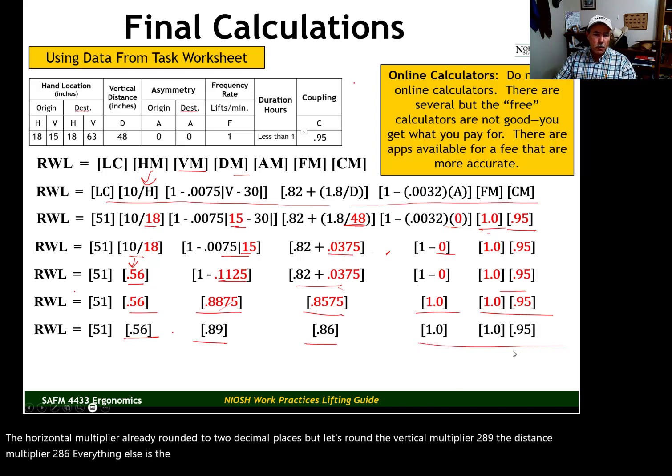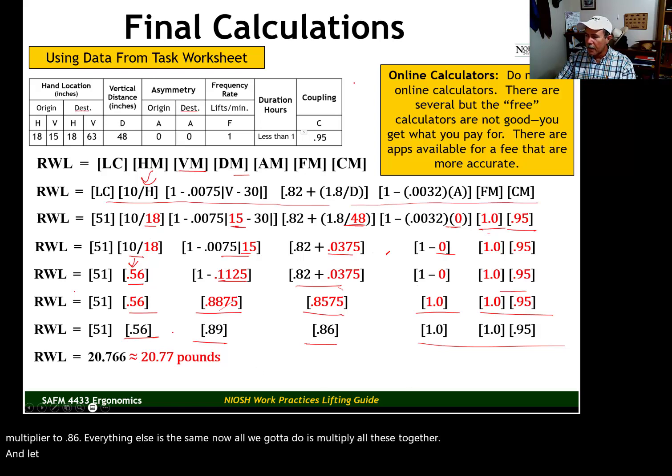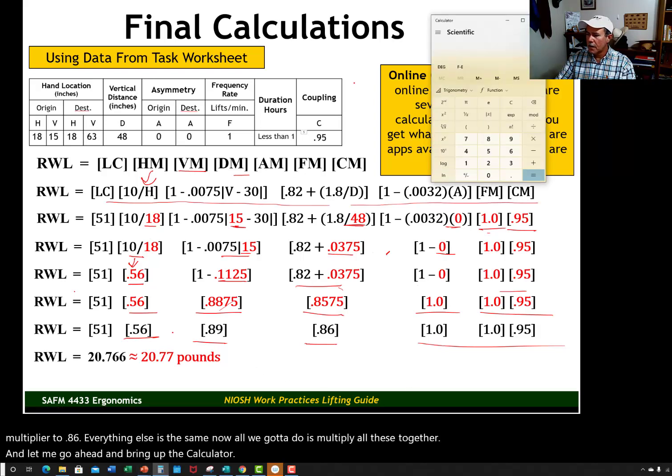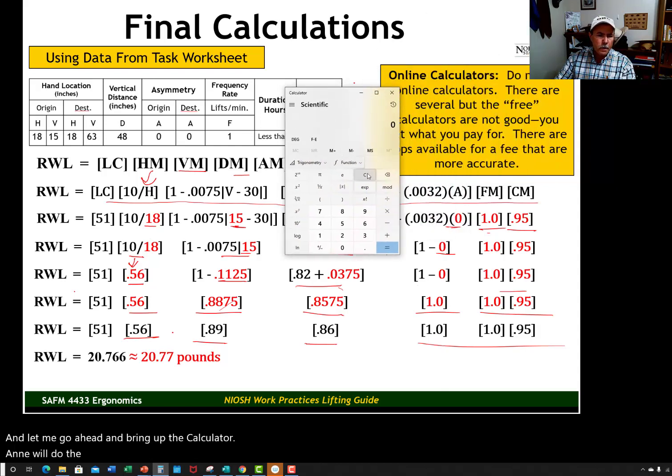Now all we've got to do is multiply all these together. And let me go ahead and bring up the calculator. And we'll do the multiplication real quick.